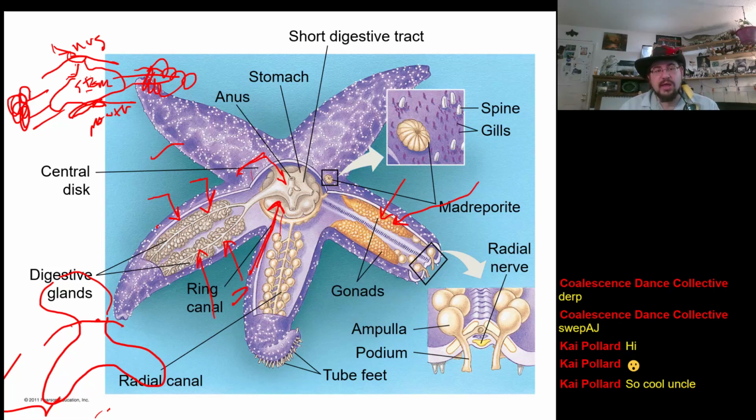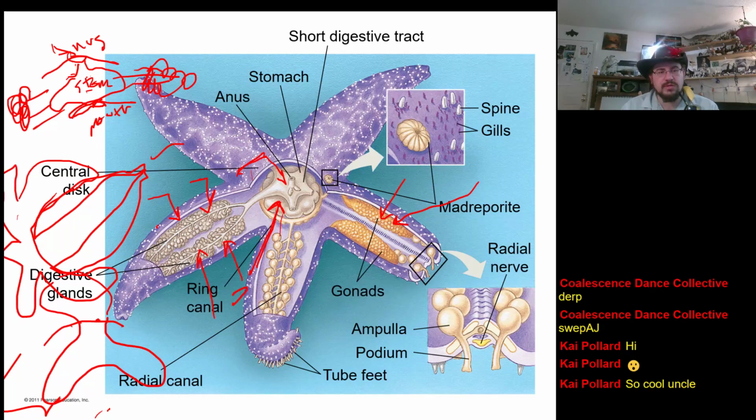So it pushes its stomach out of its mouth so that the inside of the stomach is going to secrete digestive fluid onto what it's eating. This is useful because starfish are famous for eating bivalves, right? They have to use those strong arms with all those tube feet to pry a bivalve apart.